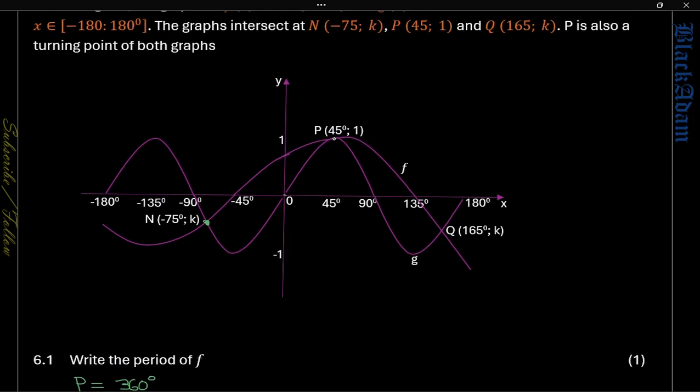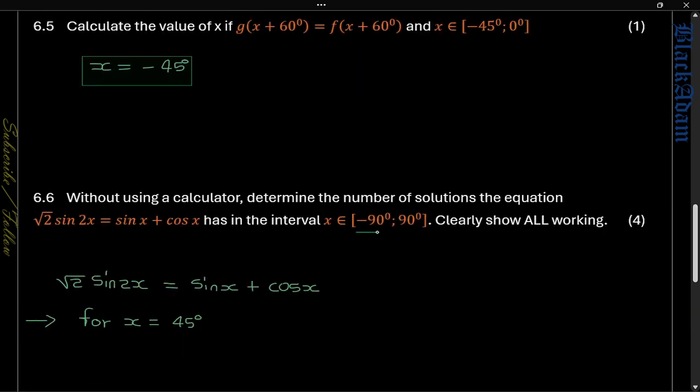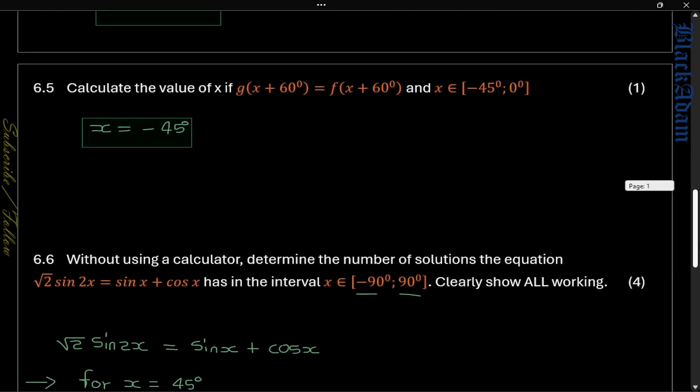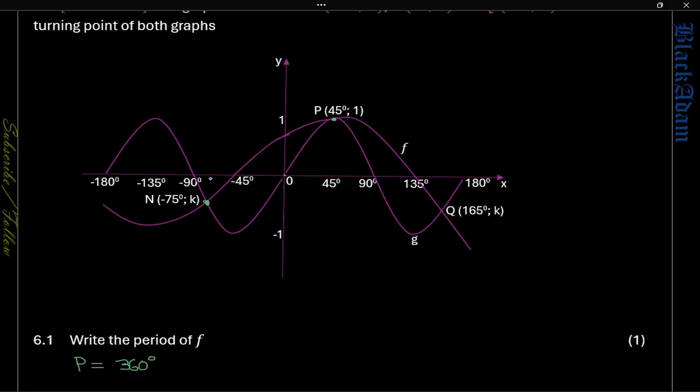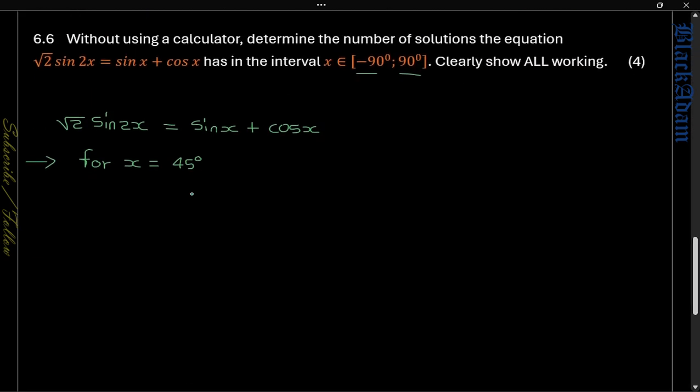Why 45? Because that's where they meet. On that interval, from negative 90 going straight to positive 90, that's the only part that meets. So I think we only have one solution there according to the graph between those two points, negative 90 to positive 90. Now with that information, we have to prove that it's really equal.